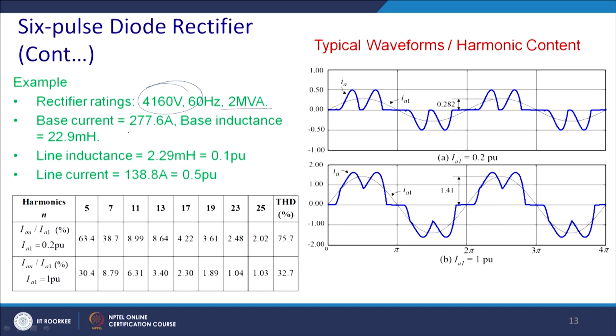So, base current is this much ampere and the base inductance is 22.9 millihenry, and line inductance is this much per unit, and the line current. So, this is the profile of this, and ultimately this is the fundamental of this current, and you can see that this is the I1 when the per unit loading is less.